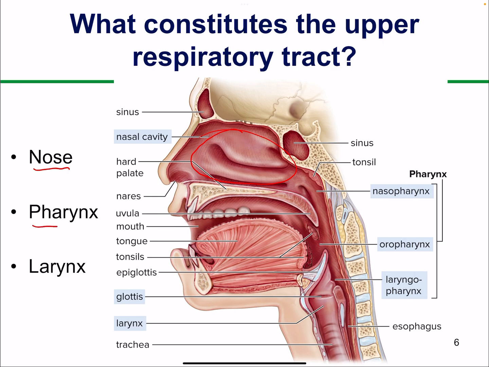We have the pharynx. The pharynx is actually a large area with the nasopharynx, the oropharynx, and the laryngopharynx right here. And then we have the larynx. The larynx is right here, okay? It's also called the voice box, okay? We are going to address that a little later.